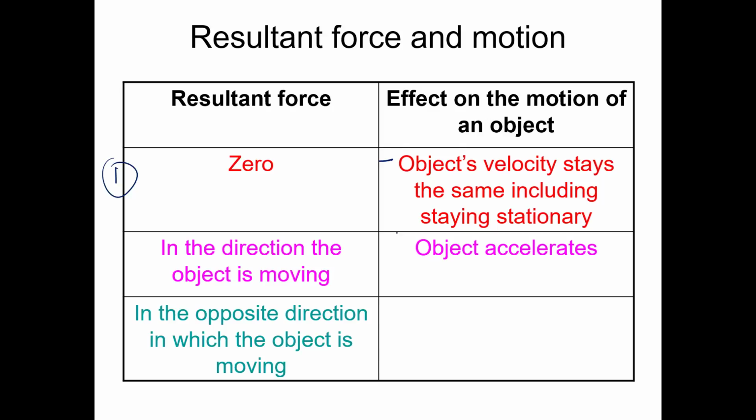Then, number 3, what do you think would be the effect on the motion of the body if the resultant force is in the opposite direction to the one in which the object is moving? Yes, I hope that you've got this one right and that this object will decelerate. All the speed will be going down, it will be reducing. That is very good.